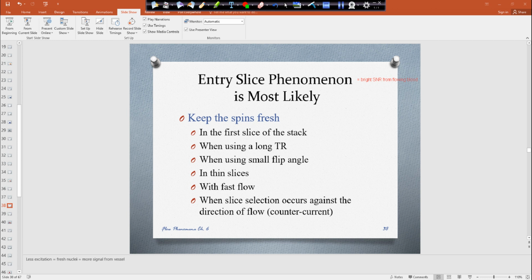That's just going to be apparent. Always that first slice is going to be the brightest. When using a long TR, when using a small flip angle, usually less than 90, in thin slices with fast blood flow, and when the slice orientation is countercurrent.